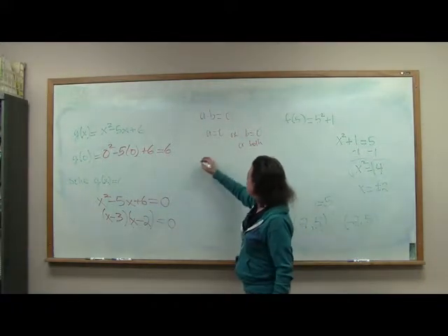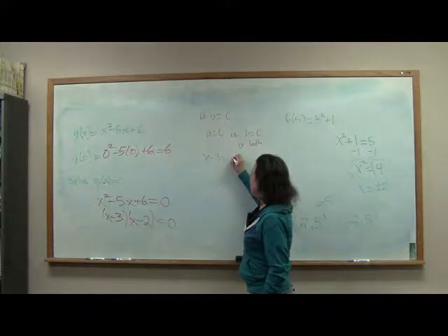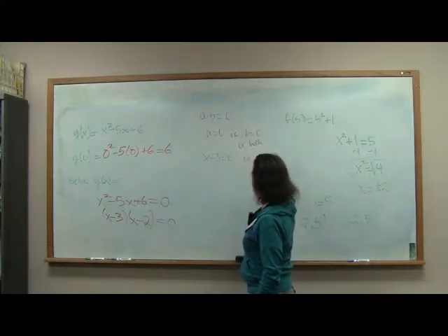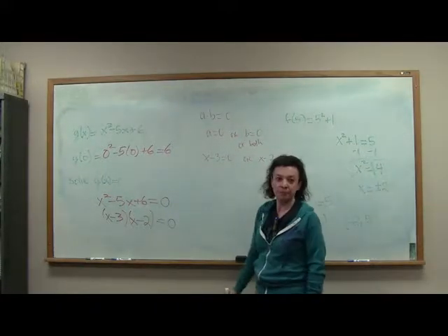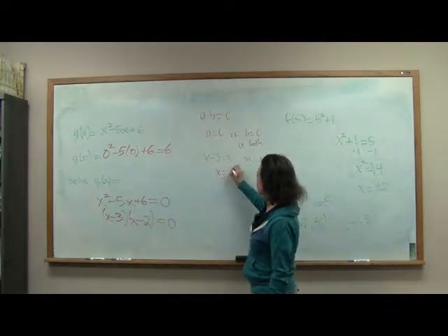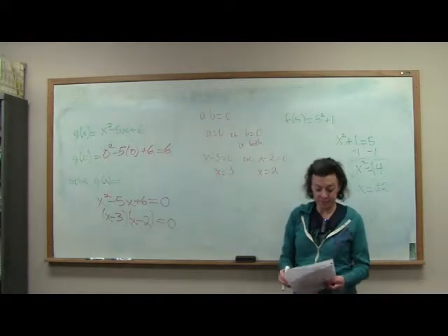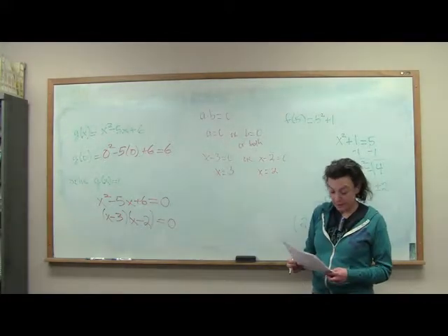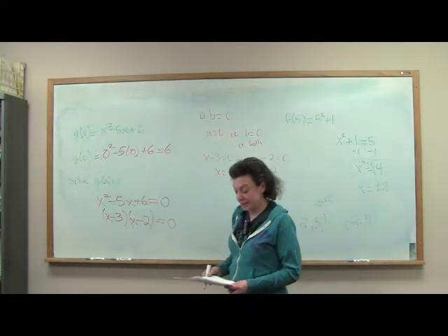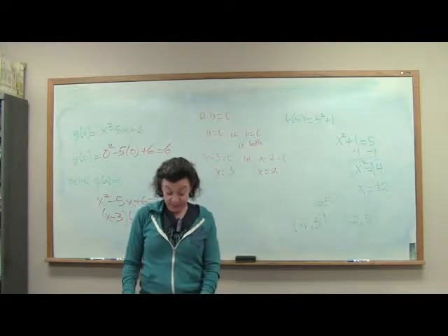So, what we can say here is, well then, x minus 3 is equal to 0, or x minus 2 equals 0. First one gives us x equals 3, and the second one gives us x equals 2. All right, so that is one example.